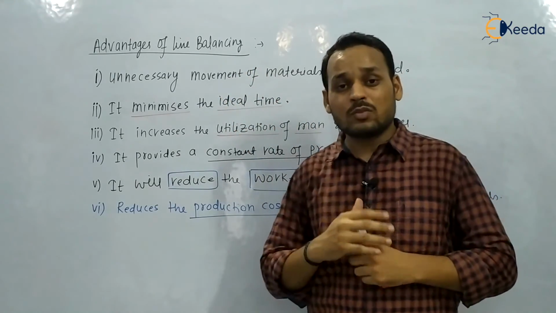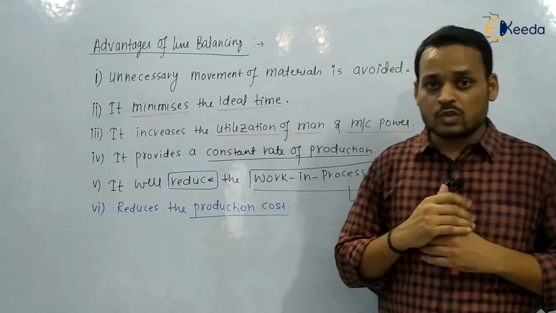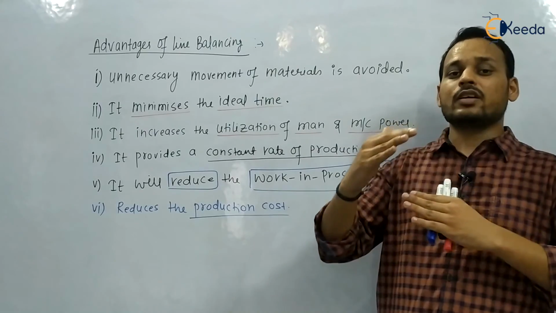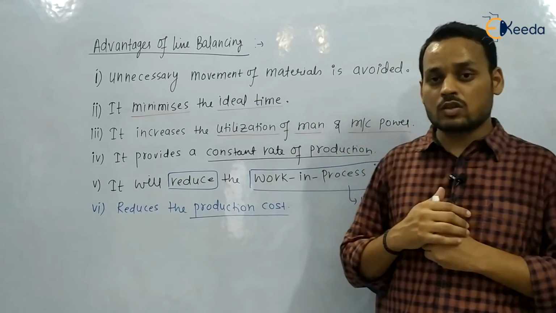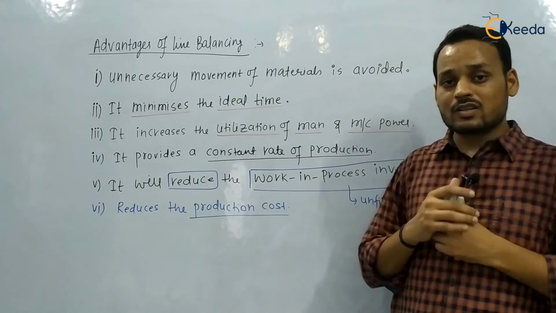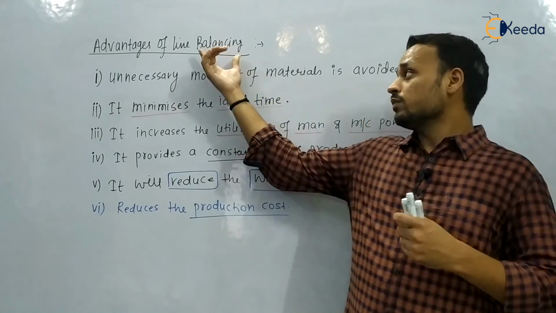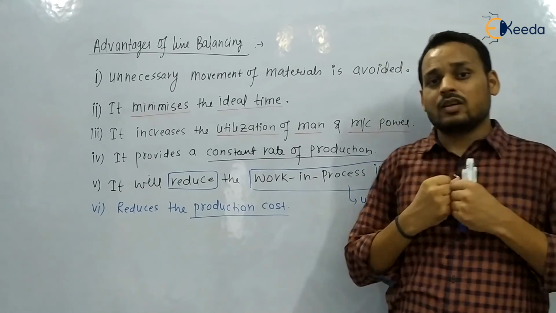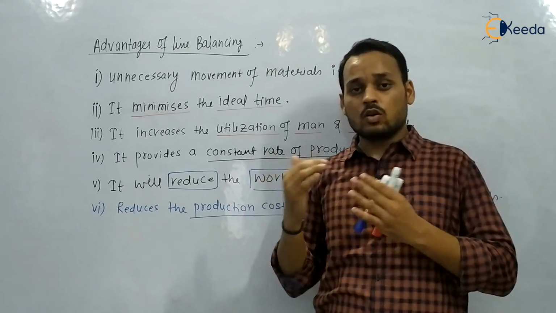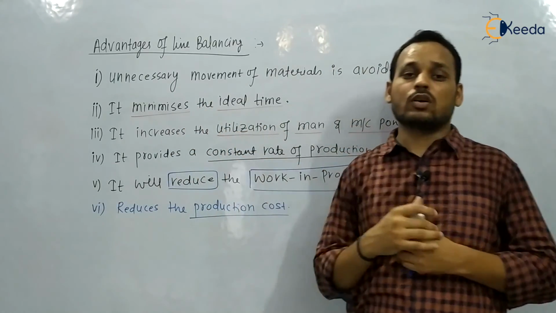Basically it has started from the industrial revolution, as you know, the first, second and third industrial revolution. With the advancement of the industrial revolution, we are going to utilize line balancing at 100% efficiency. And nowadays robots are doing these kinds of work.